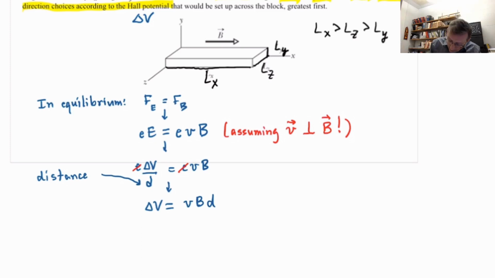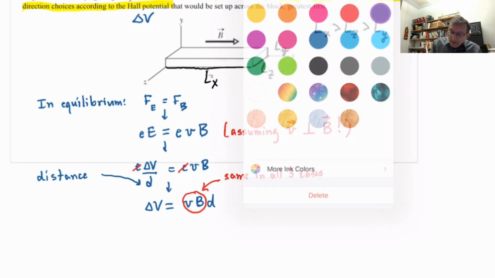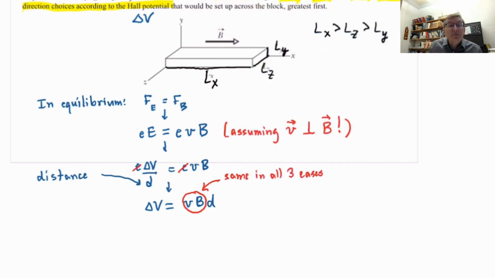Now here's an important thing to remember. This combination, the magnitude of v and the magnitude of B, is going to be the same in all three cases that we're going to look at. Because we're always going to move the block at the same v, and it's always in this same magnetic field. So the key thing that is going to determine the potential difference, called the Hall potential difference or the Hall voltage, across the conductor is the appropriate distance that is involved.